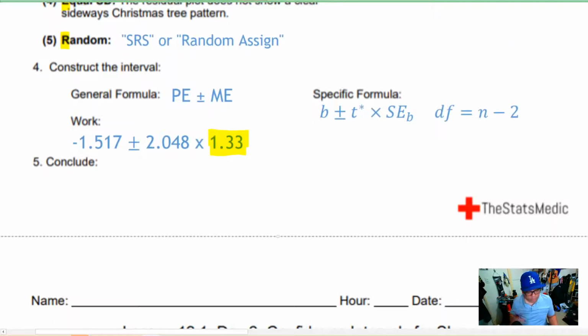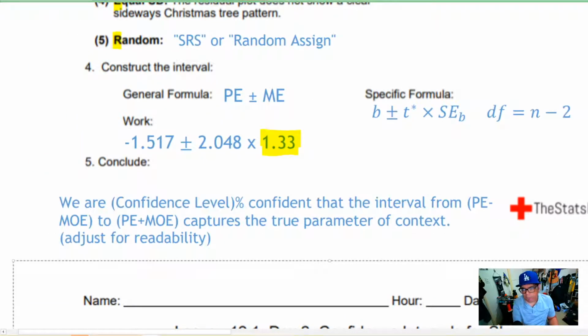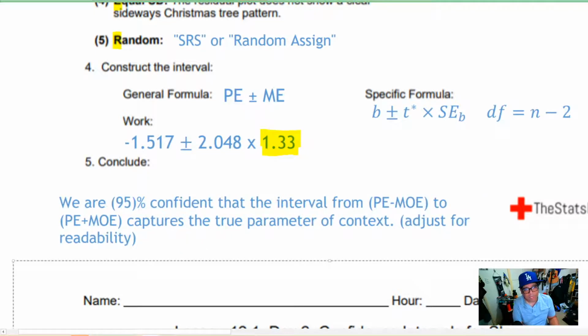Finally, we get to the conclusion, and it's the same conclusion that we always use. Now, I actually forgot to calculate that margin of error earlier, so let's take the conclusion from the top.